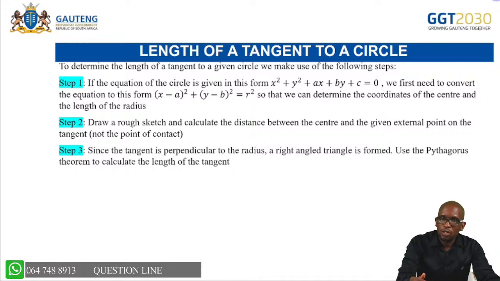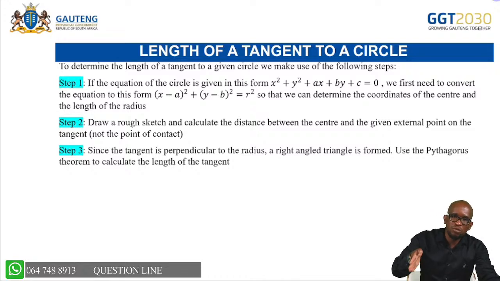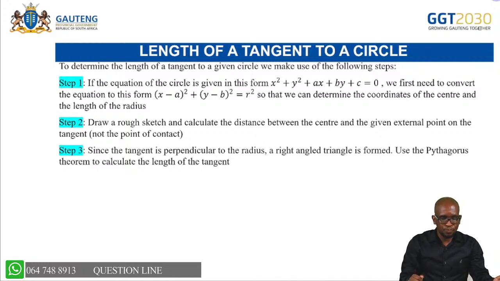Step 1, if the equation is not given in standard form, you need to write down that equation in standard form so that you'll be able to get the length of the radius. And then from there, you're going to use the external point that would be given so that you'll be able to work out the length of the hypotenuse and hence use Pythagoras to work out the length of that particular tangent.